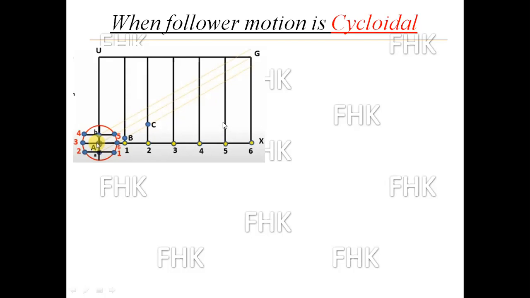The fifth point will be the fifth vertical line, and this point I will project on this vertical line, which is again a point B, and through this point B I will draw the straight parallel line, and this will be the intersection point.